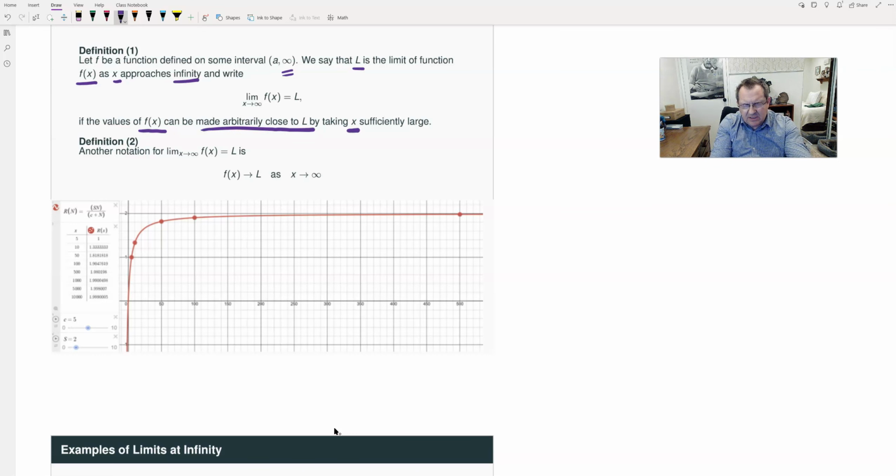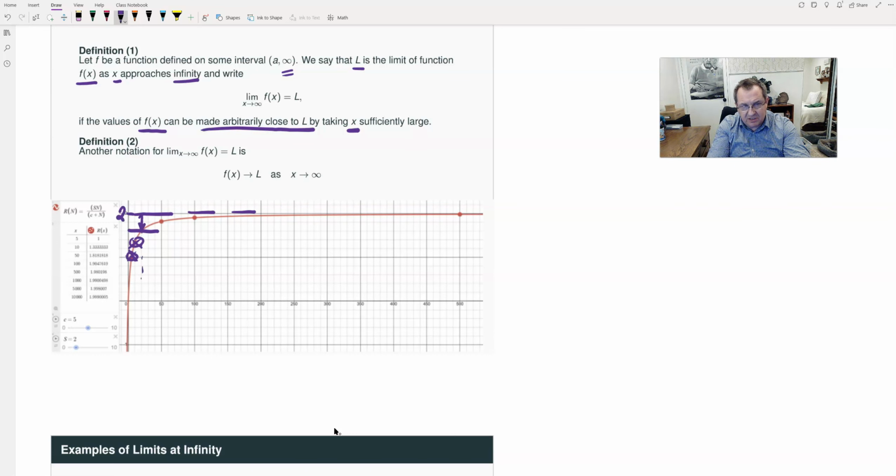So let's take a look at this example one more time. The value 2 is the limiting value. And we can think about a certain distance from that value. We realize that in the beginning, the values of the function are not close enough to the limiting value.